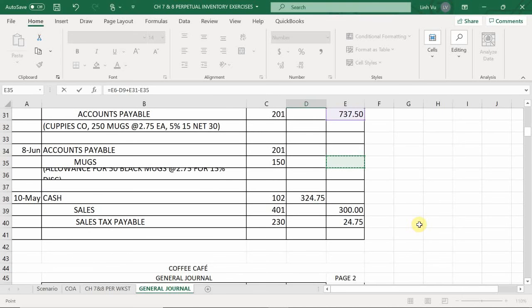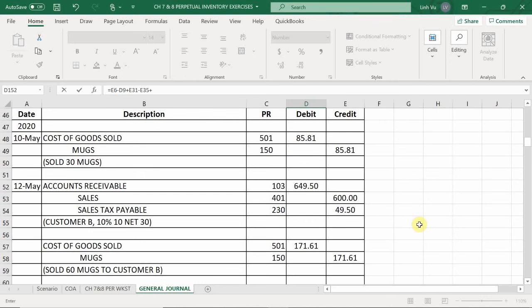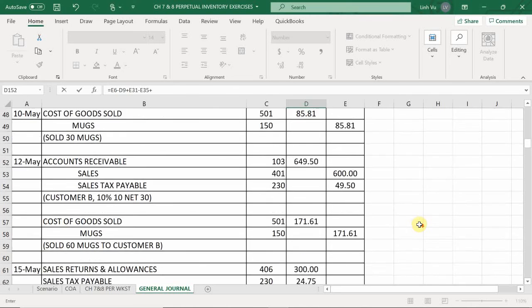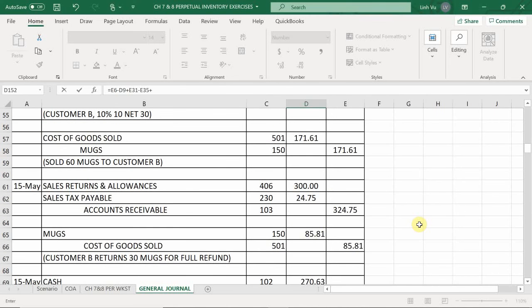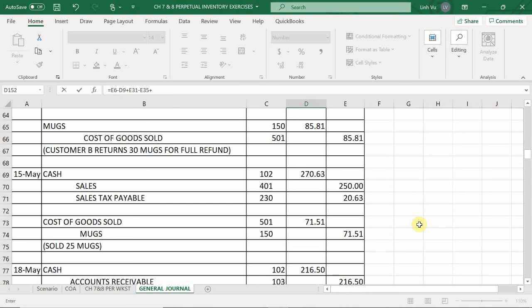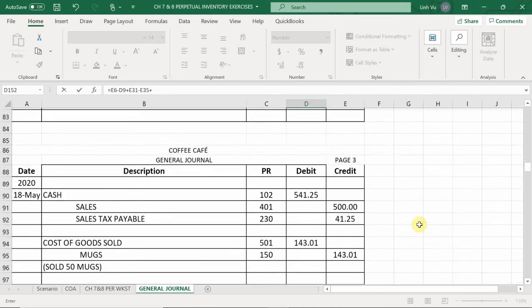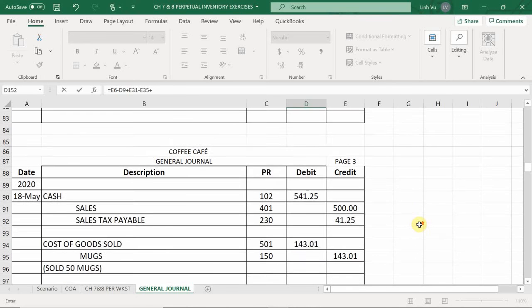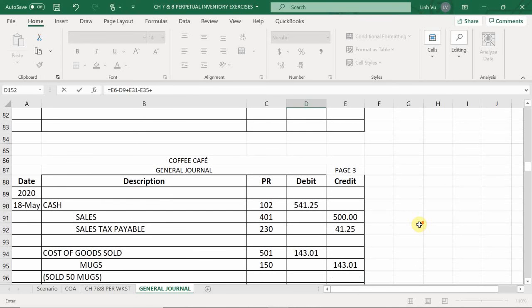Well, I'm going to continue the formula and then we'll figure it out in a second. All right, then we had the purchase on May 20th. Yes, we did. Accounts payable $20.63, no, on May 8th.